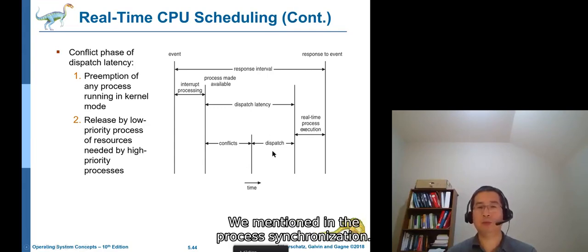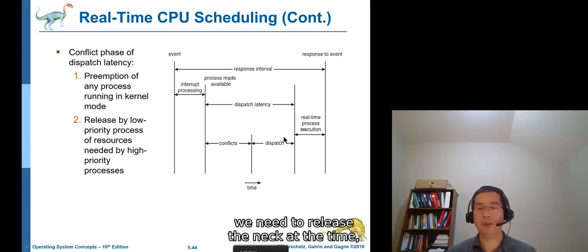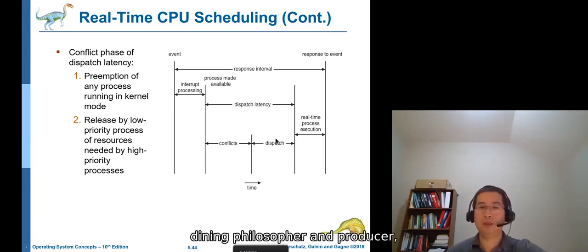Okay, we mentioned in the process synchronization, we have some critical section. So that means for those parts, we access the shared memory. So maybe for this one, we need to release. So like the dining philosopher and the producer consumer, like those things. So they have shared resources.